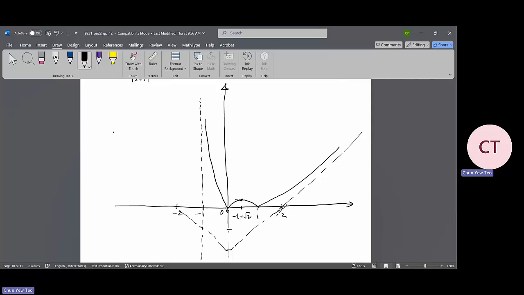Your oblique asymptote will be reflected like this. Your oblique asymptote also will be reflected. It will be somewhere like this too. Your oblique asymptote will reflect over here.